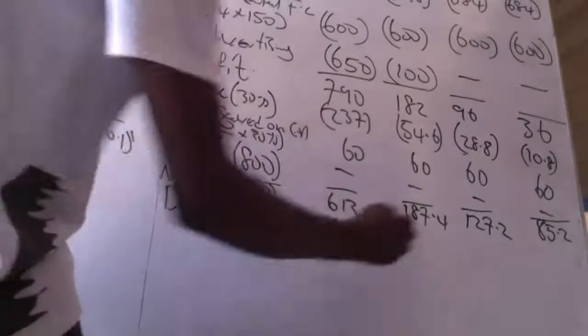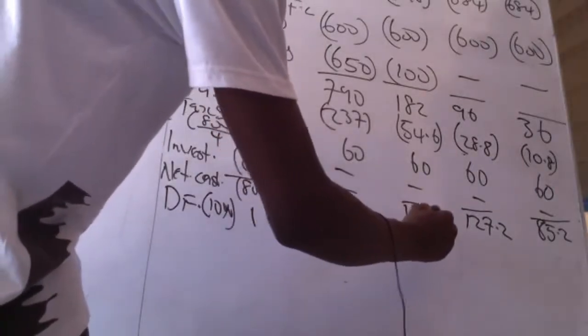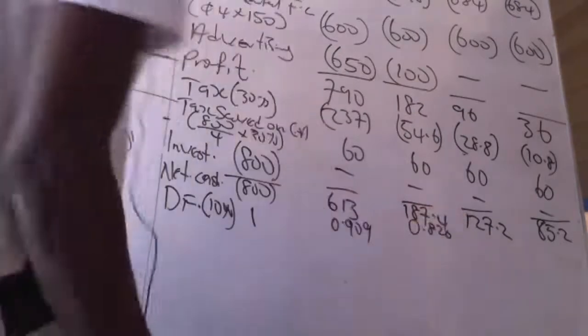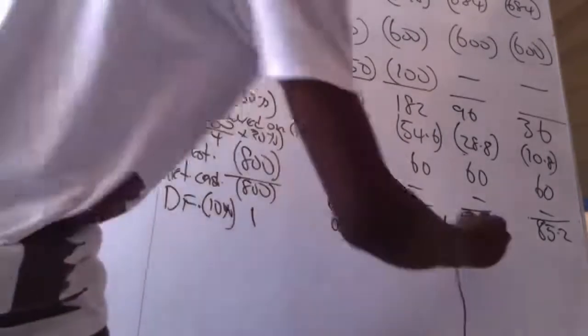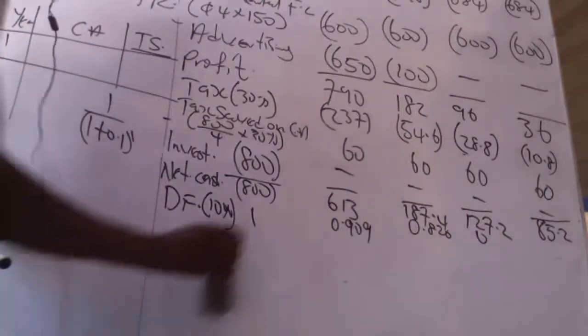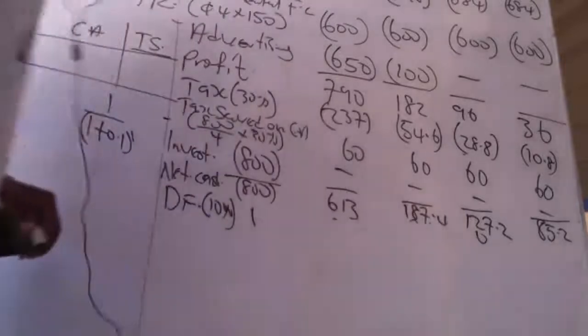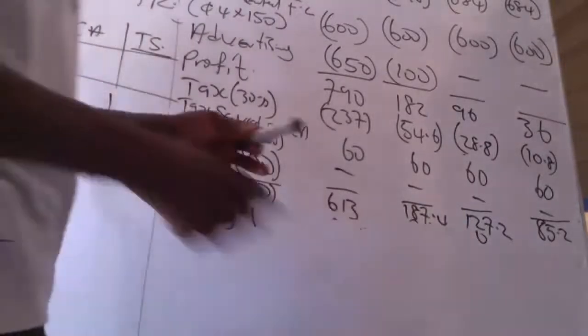Year 1 will be 0.909. Year 2 will be 0.826. In fact, let me write it for you to see too. And under the multiplication you can also confirm the figures.